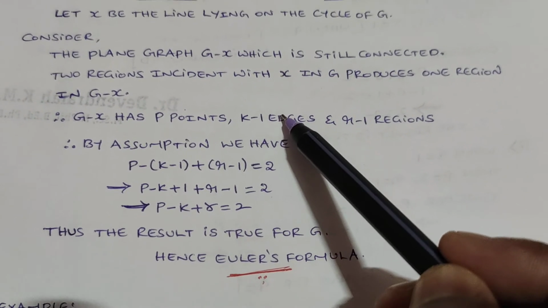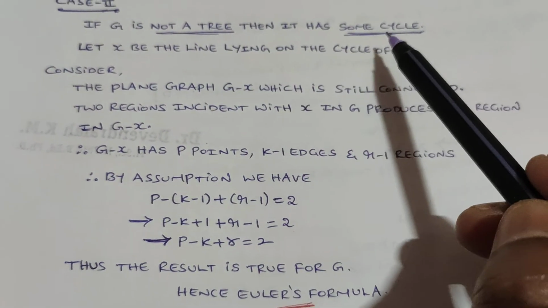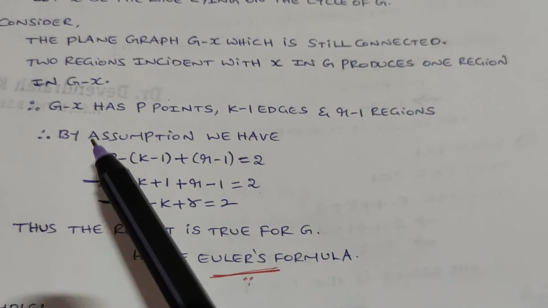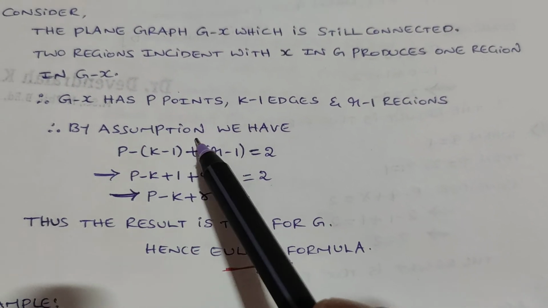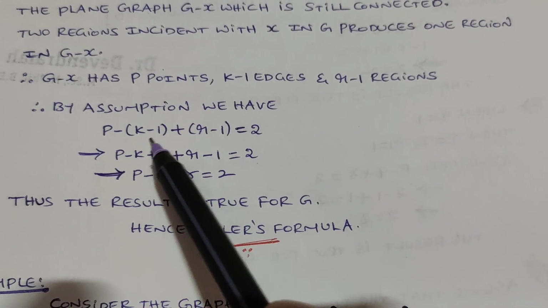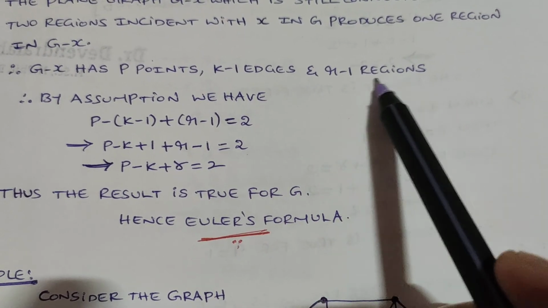So in the case of not a tree, that is, when we are considering a cyclic graph, by assumption we have P minus (k minus 1) plus (R minus 1) equals 2, since G minus X has k minus 1 edges and R minus 1 regions.